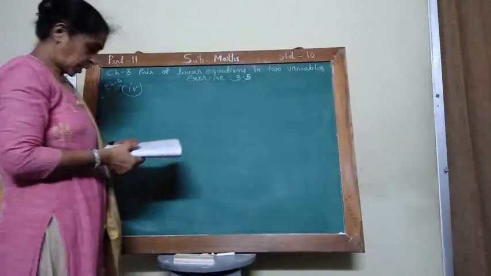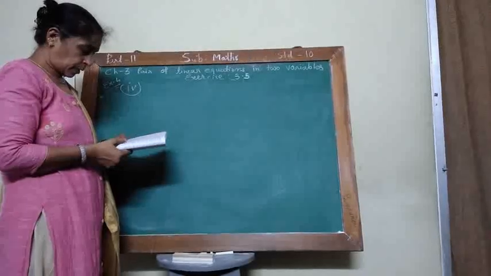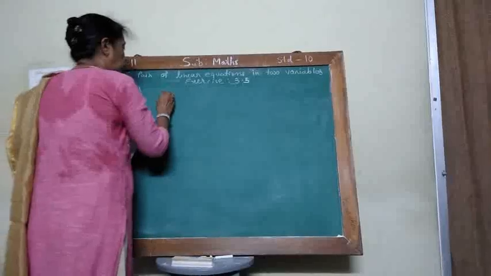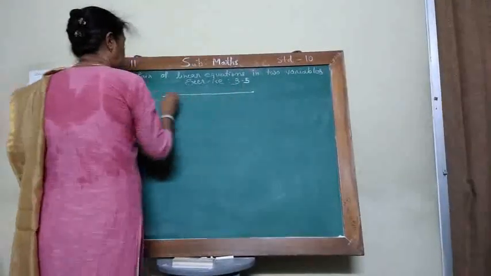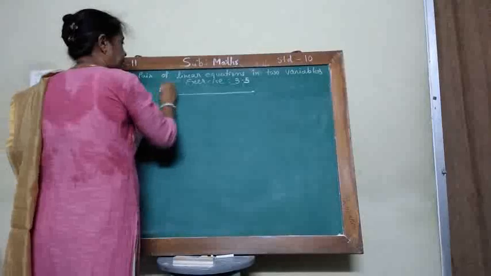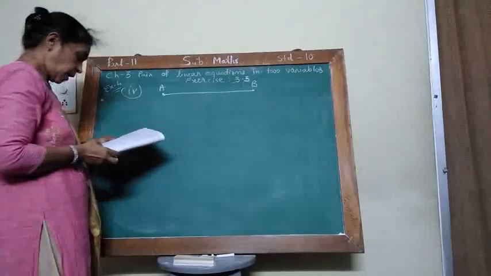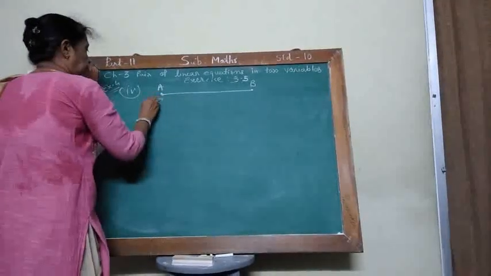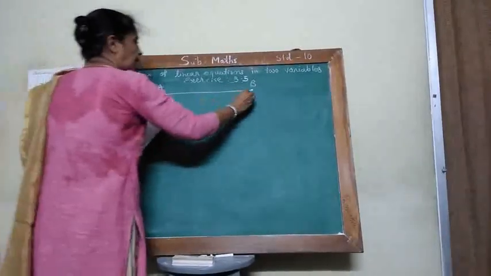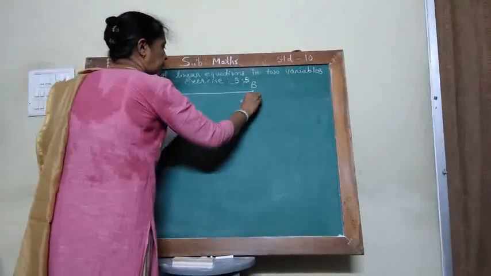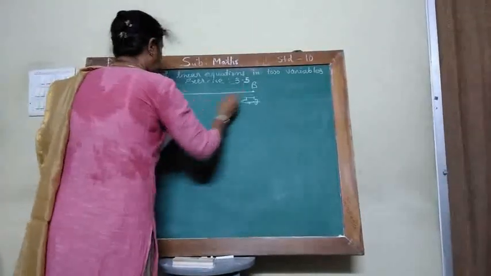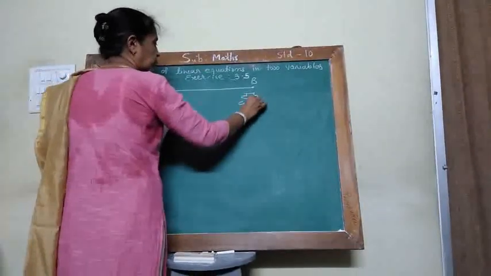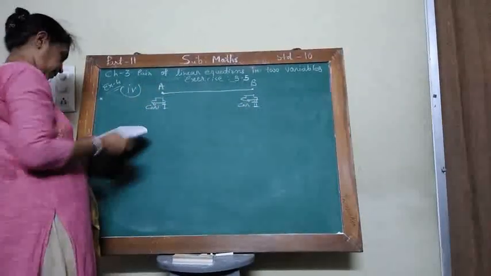I read the question. Places A and B are 100 kilometers apart on the highway. So there are two places on the highway, here is place A and place B. Car number 1 starts from A and car number 2 starts from B. So this is car 1 and car 2, both start.